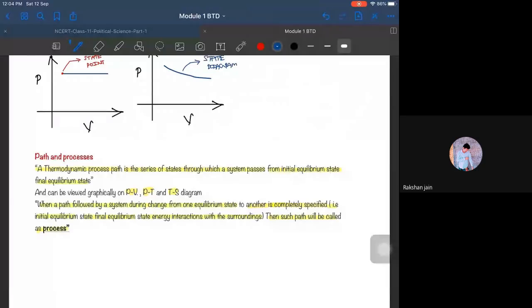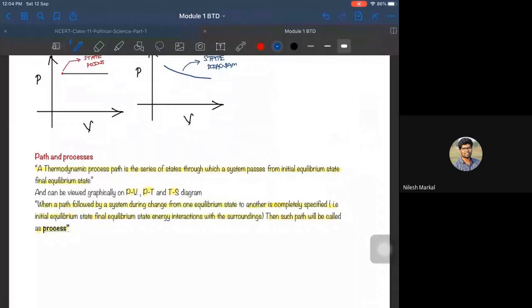The path is through which the system passes from the initial state to the equilibrium state. Okay, correct. So then what is a process? If I want to say a path is a process, then what are the conditions required? Where the interactions are made in the surroundings. So you need to specify the energy interactions while it has gone through that specific path.